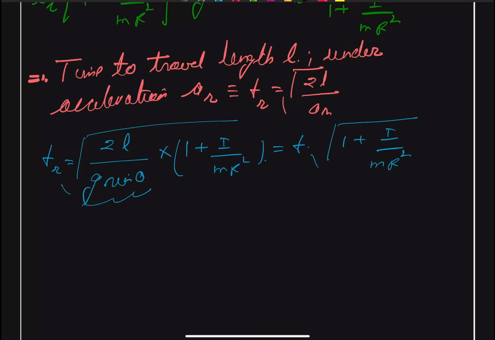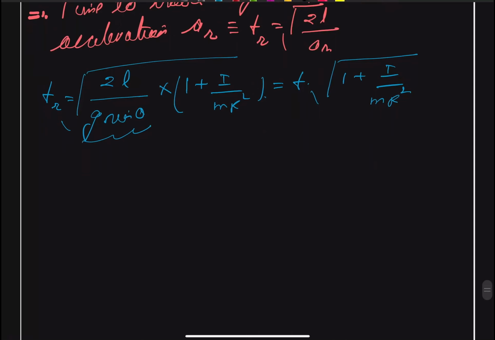Now we can find the value of alpha. We are given that t_R is given to us. This t_R is square root of alpha upon 2 multiplied by t, equal to t times square root of 1 plus I upon m r square.